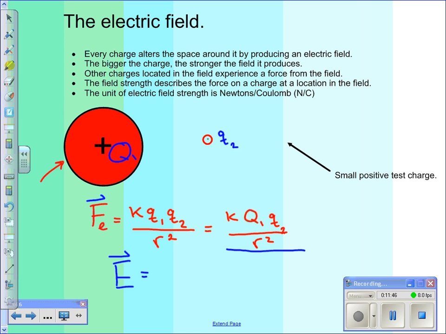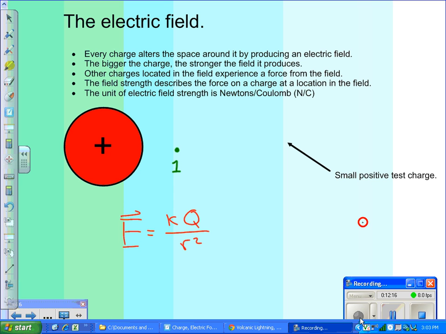Remember, Q1 produces the field, we're putting Q2 in there as a test charge, so we're going to divide it by Q2. And this is the relationship we get. We'll find out that Q2 cancels in this case. So this is the equation for the strength of the electric field produced by the big charge Q1 at any region in space, distance r away from the charge.